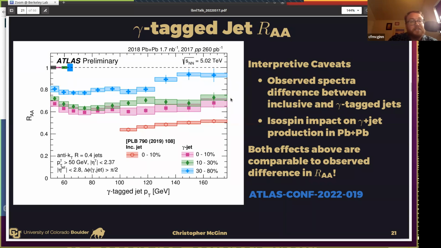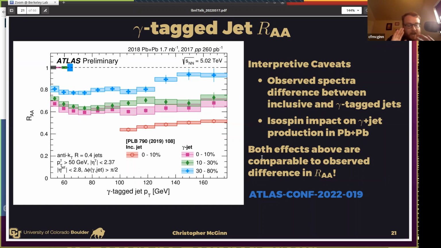So while it's easy to look at this and maybe immediately want to say, okay, we've done it. We've shown that there's a different effective color charge between the quarks and the gluons. Not quite there yet. These are two very important interpretive caveats that need to be taken into account because both of them have magnitudes comparable with the size of the effect.